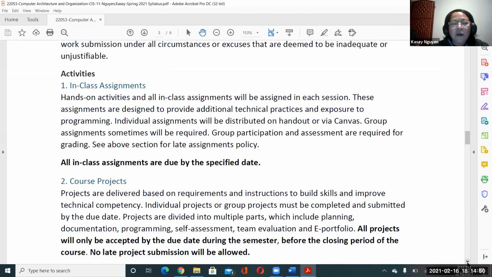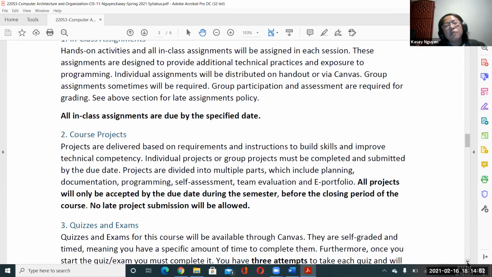And you will have a course project in this class. I tried out using teams in the course project for assembly, and it really helped the students work with each other, understanding each other's ideas to be able to build a program together.